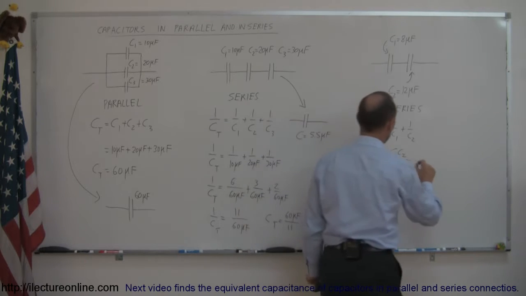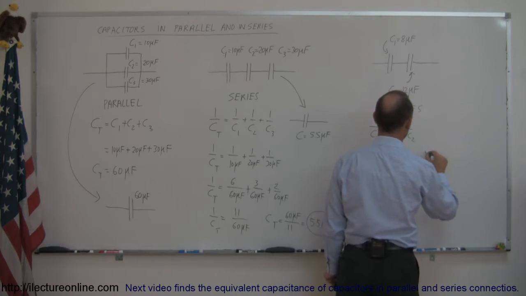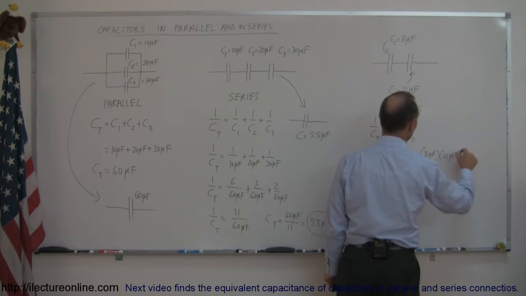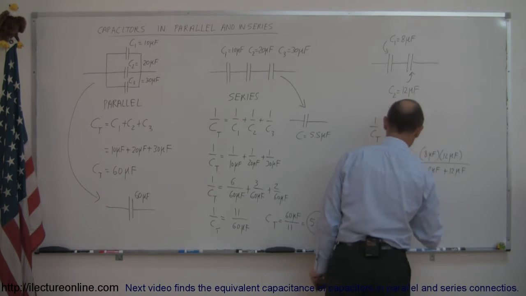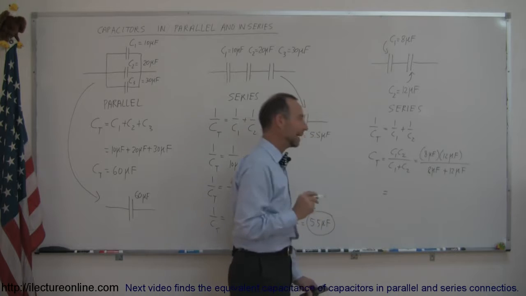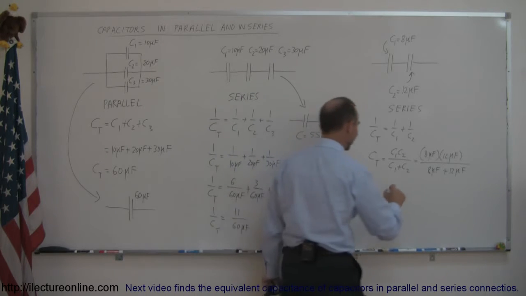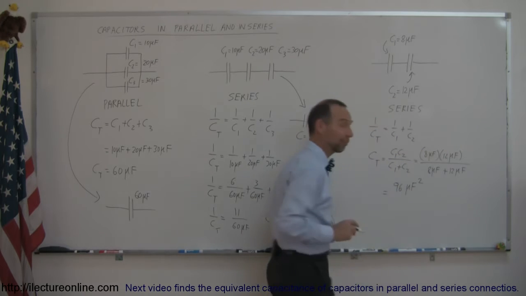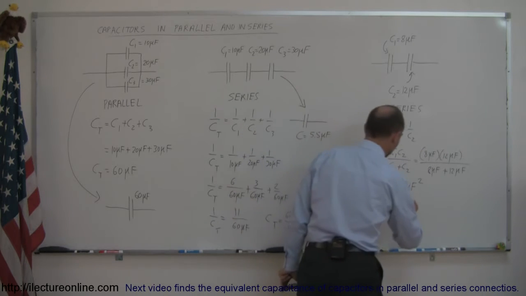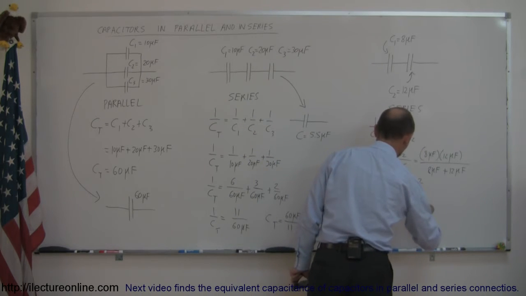So looking at those two capacitors, this is equal to 8 microfarads times 12 microfarads divided by 8 microfarads plus 12 microfarads. And so this is equal to 8 times 12, that looks like 96. So we have 96 microfarads squared, because it's microfarads times microfarads, divided by 20 microfarads.